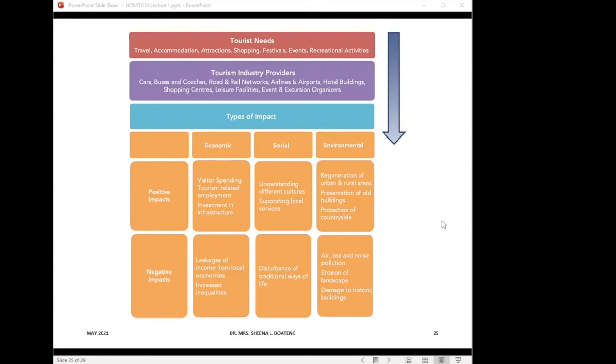Right? So tourism has had a directly negative impact on the air, sea, as well as a lot of noise pollution. Places that were usually very quiet and very serene have become very noisy because of the influx of large amounts of tourists. There have also been issues of the erosion of the landscape and damage to historic buildings, all because of increased tourism.